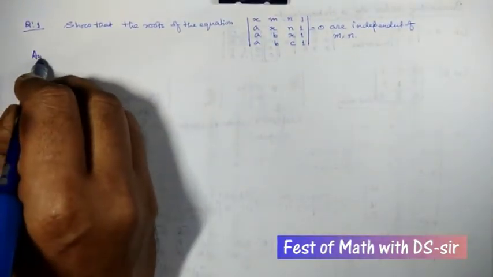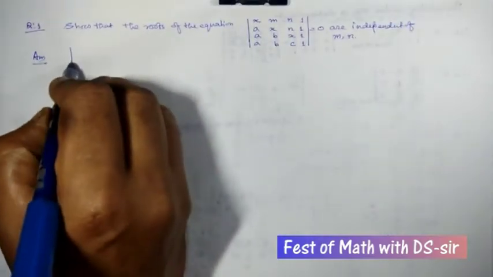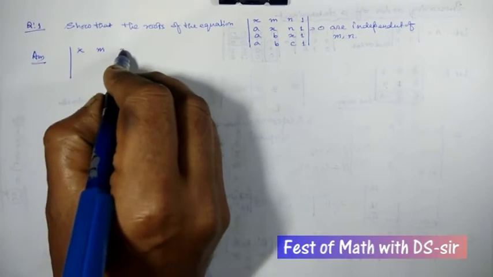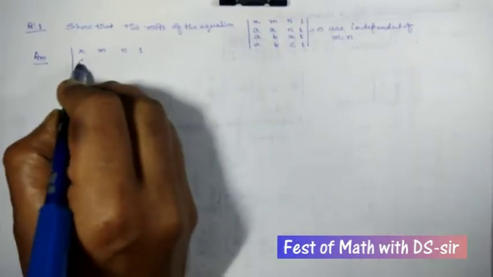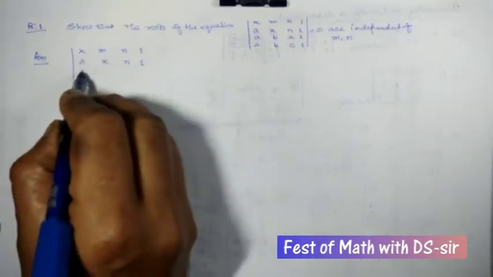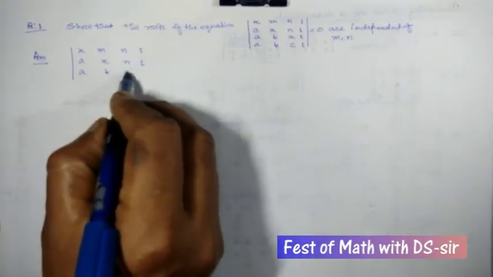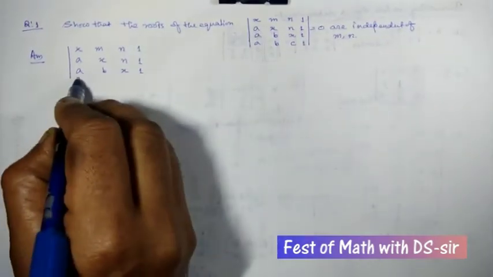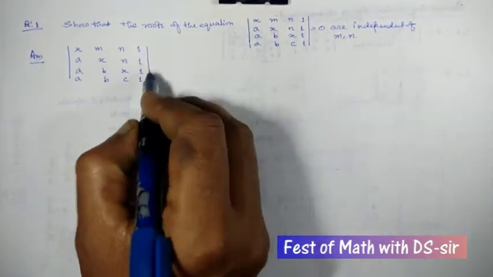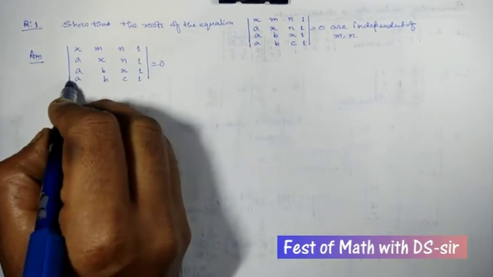Answer: we have the determinant with rows x m n 1, a x n 1, a b x 1, a b c 1 equal to 0. This is our equation.